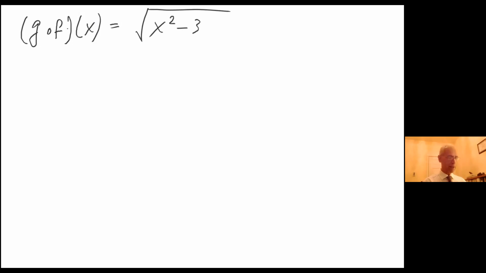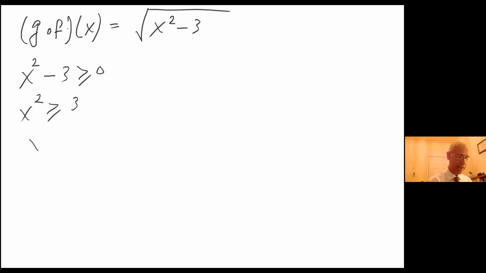Okay. Now in this case, x squared minus 3, for g of f of x, has to be greater than or equal to 0. That means that x squared has to be greater than or equal to 3.